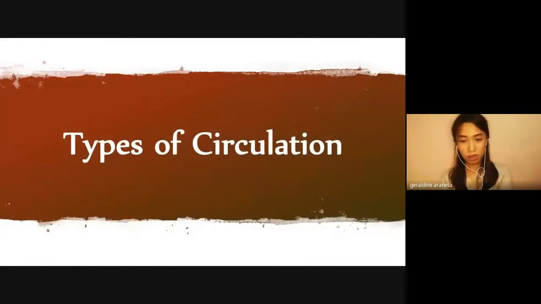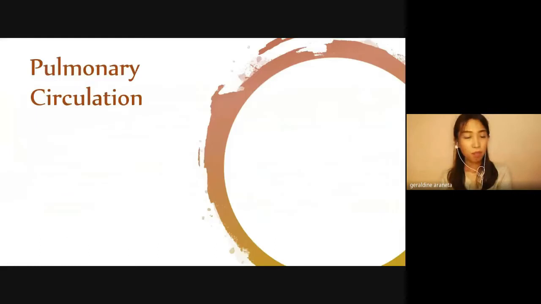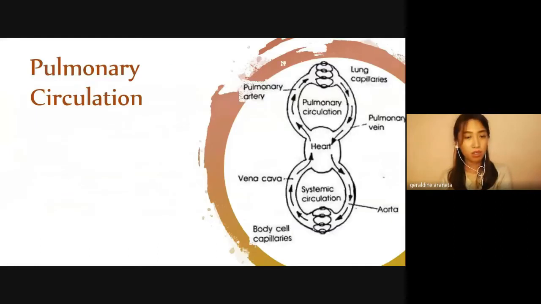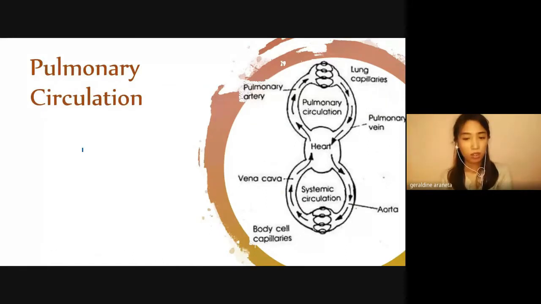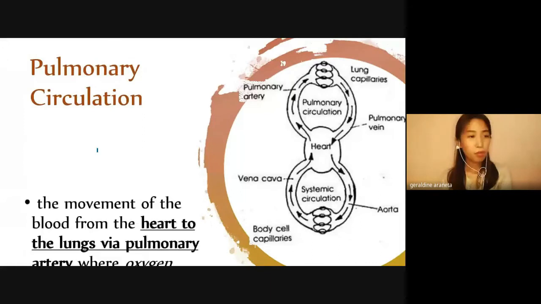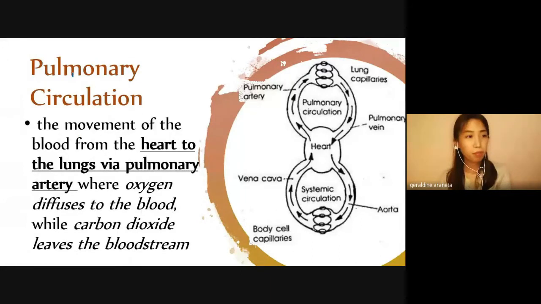So, now let's talk about the different types of circulation. We have the pulmonary circulation and the systematic circulation. So the pulmonary circulation, from the word pulmonary, ibig sabihin lungs.